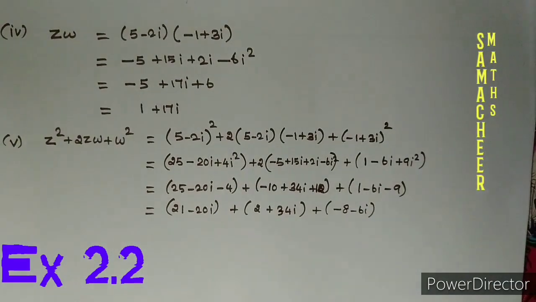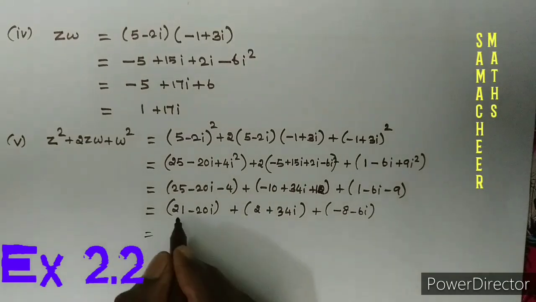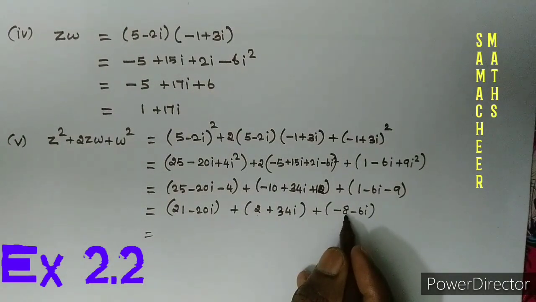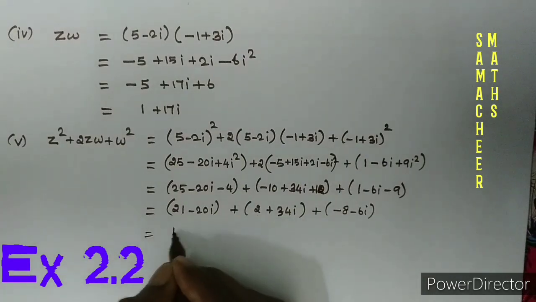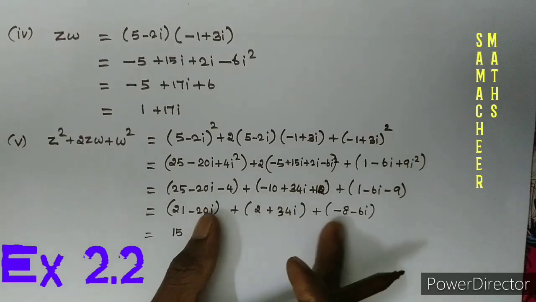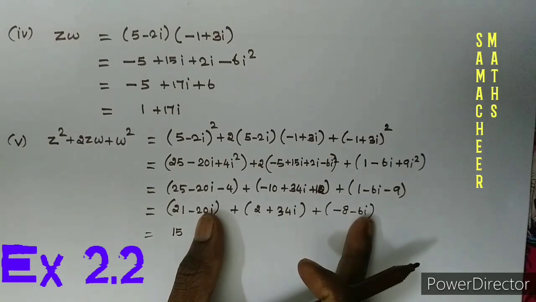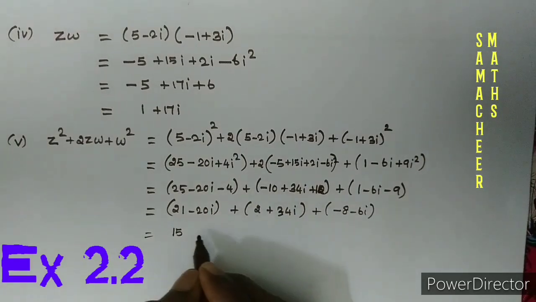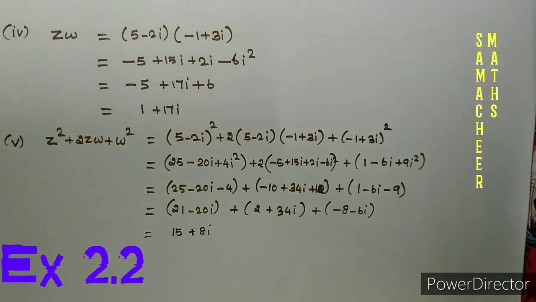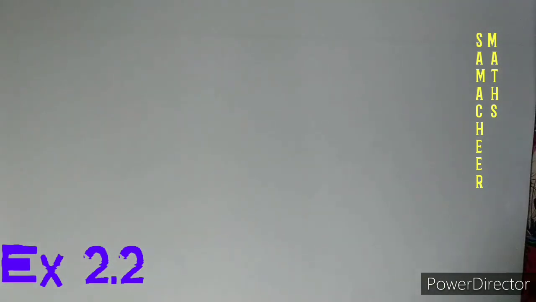You want to write the real terms only, the sum of the real terms: 21 plus 2 minus 8, therefore it is 23 minus 8, therefore 15. Minus 20i plus 34i minus 6i. First the sum of minus 20 and minus 6, that is minus 26, plus 34, that is 8i. So the fifth subdivision answer is 15 plus 8i.